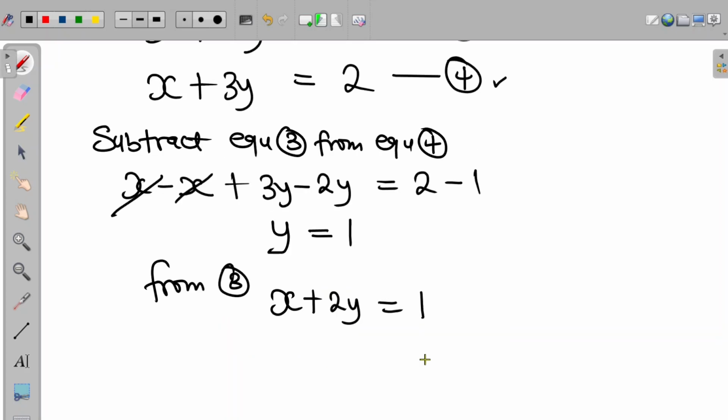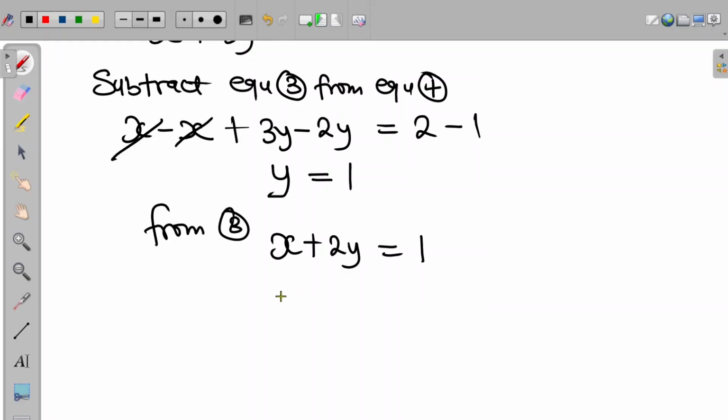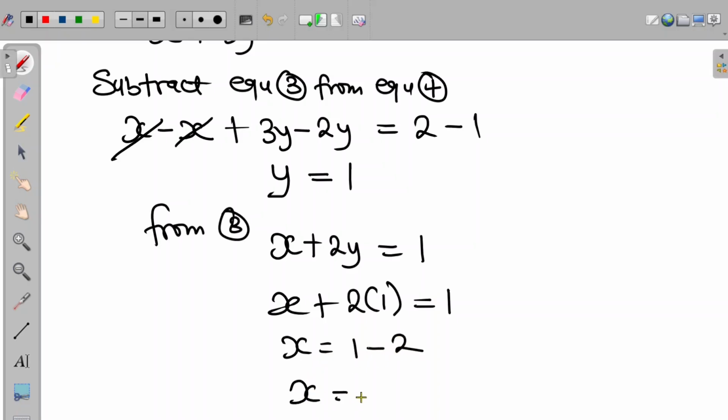So the value of y is 1, so this becomes x plus 2 times 1 equal to 1. 2 times 1 is 2, so we have that x is equal to 1 minus 2, so x is equal to negative 1. Thus, we have that x is equal to minus 1 and y is equal to 1.